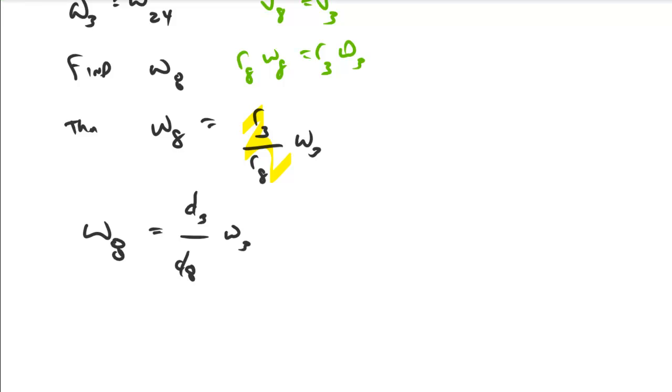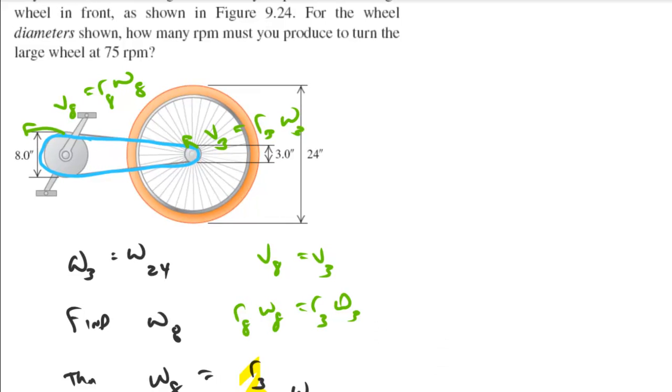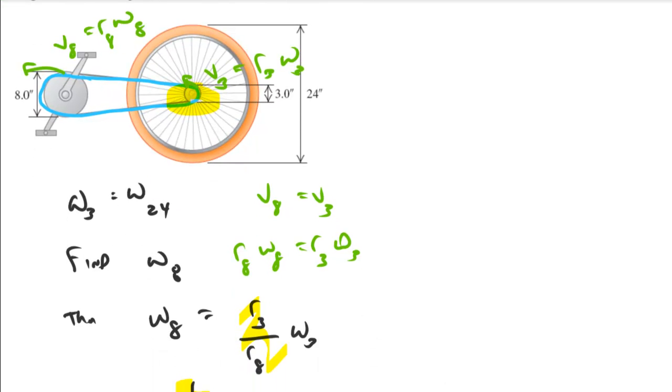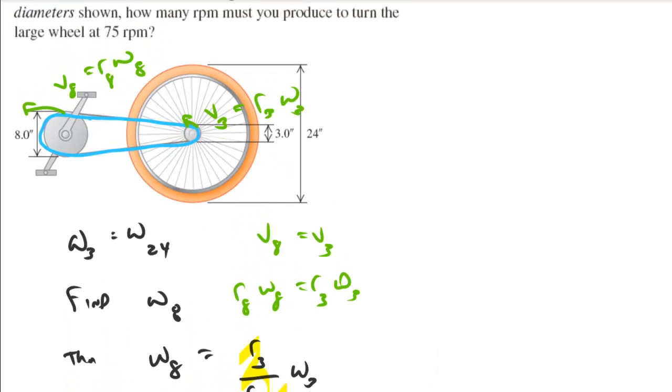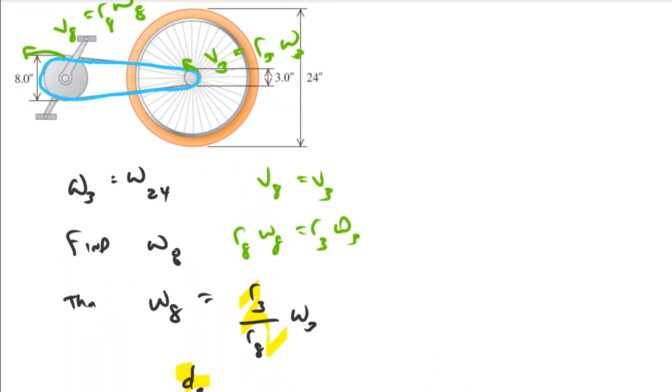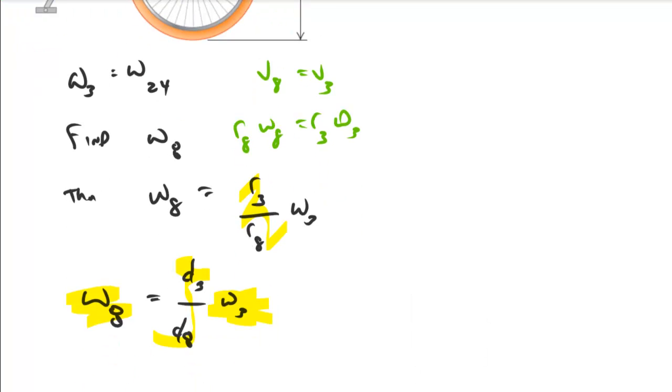The speed at which I have to pedal this one is this ratio times the speed at which this one turns, right? So if I want this to turn at a speed of 1, then I need to know the ratios here, but it's just a ratio. So I have a ratio of their speeds, or a ratio of how quickly I need to spin them, as a ratio of their diameters, right?